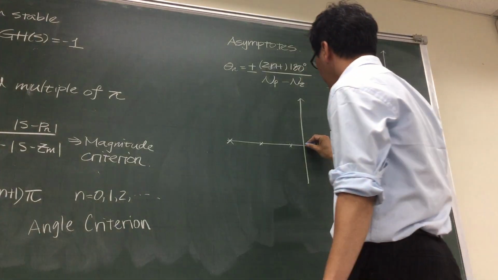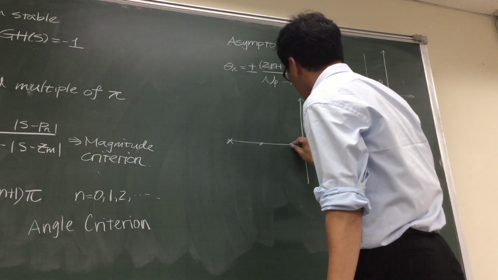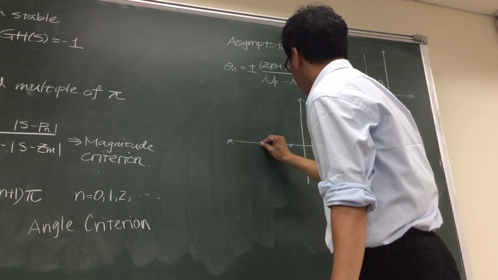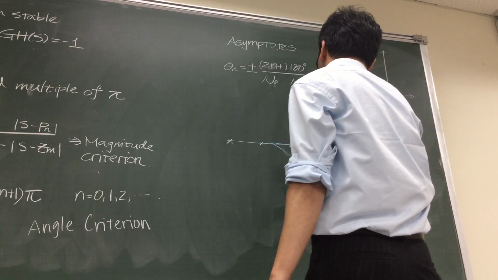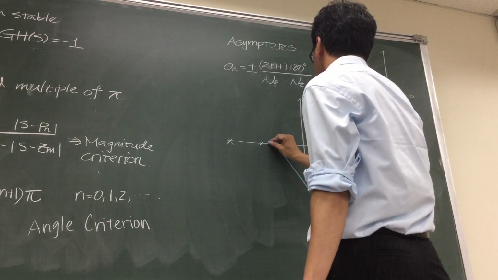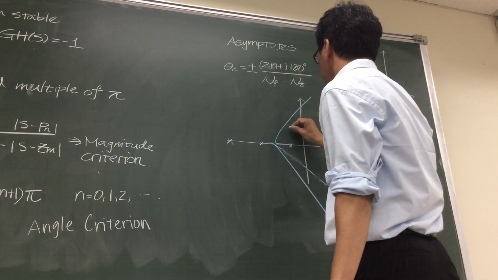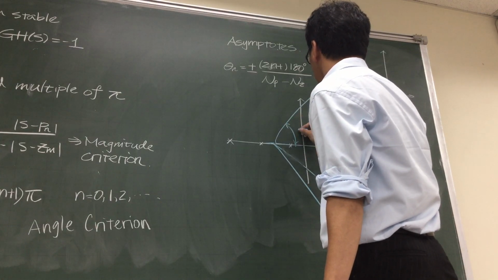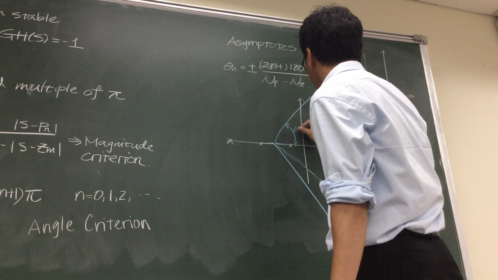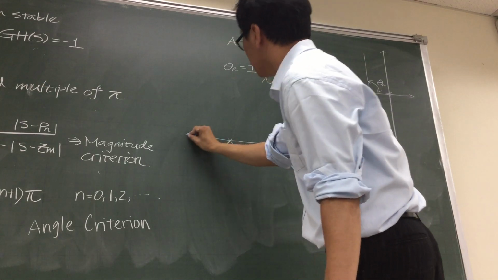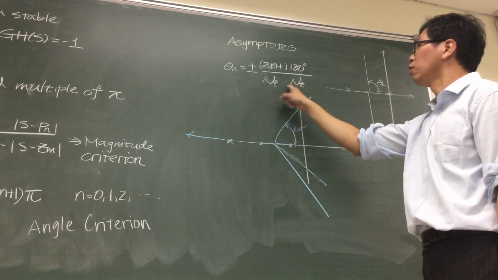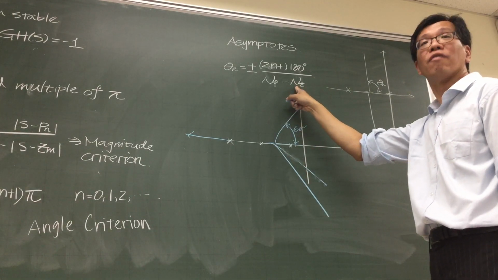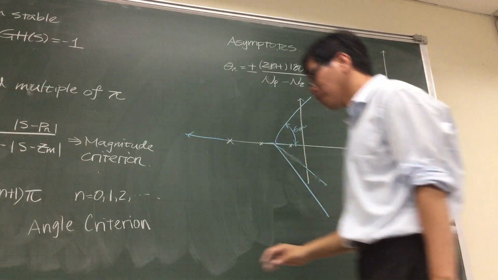So what you're going to have is, starting from here, one is going to this direction, one is going to this direction, and the other one goes to this direction. That is how you use this formula. And this is the first formula you're going to encounter.